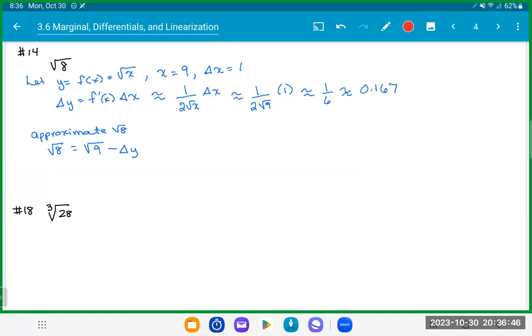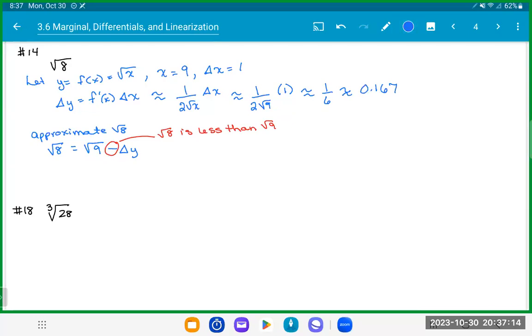I do want to point out, I chose this minus here because the square root of 8 is less than the square root of 9. Okay, we'll see in a moment. In another example, we'll make that positive because what we choose is greater than what our original is.